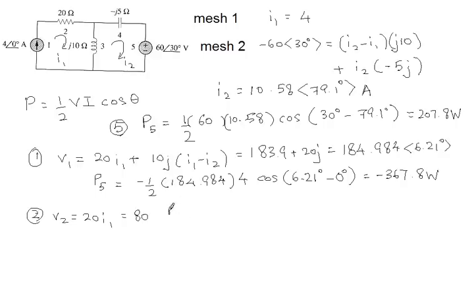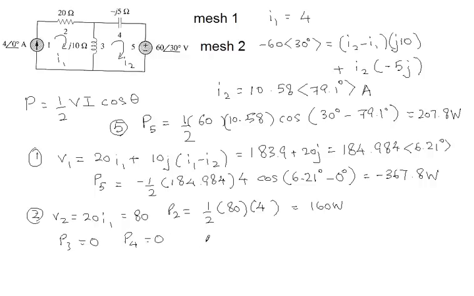Hence, the power P2 will be equal to half times 80 times the current, which is 4, and that works out to be 160 watts. Power is neither absorbed nor generated in the inductor and capacitance. Hence, P3 is equal to 0 and P4 is equal to 0.